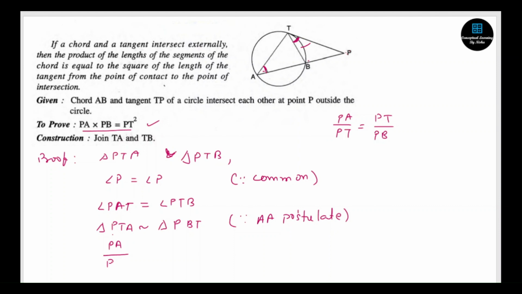Here it is PT. And I'm interested in PT, so I'll write PB. Correct? Understood this one? So now by cross multiplying this, what I can say, PA into PB equals PT square. We are done with this. Correct? Great. I hope you understood this, right?